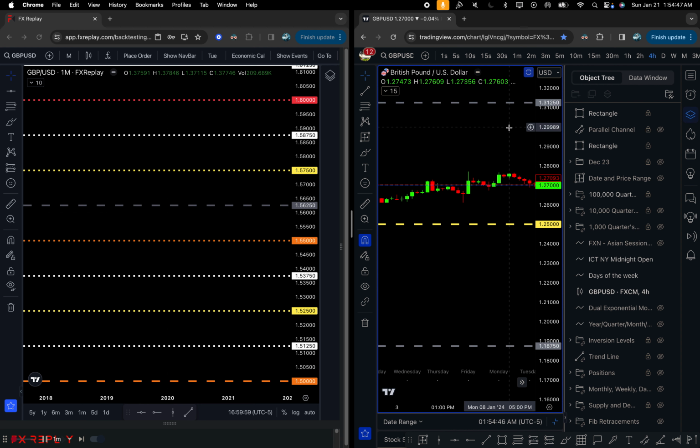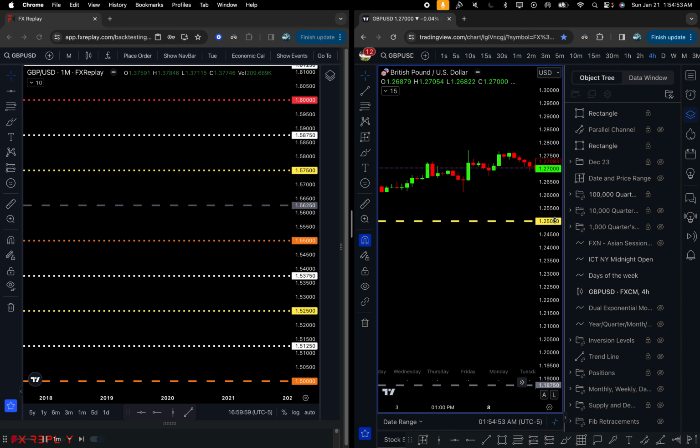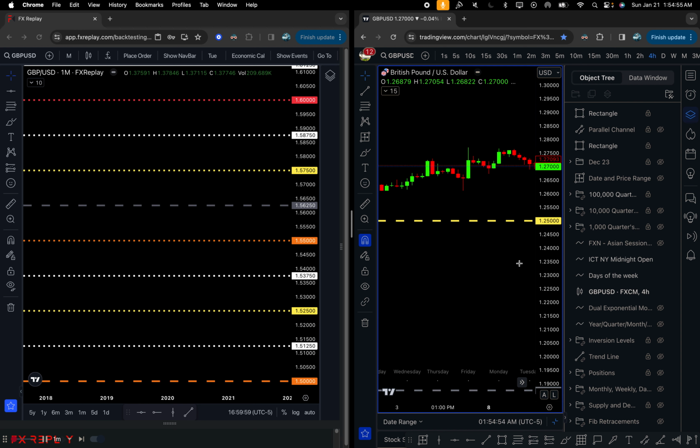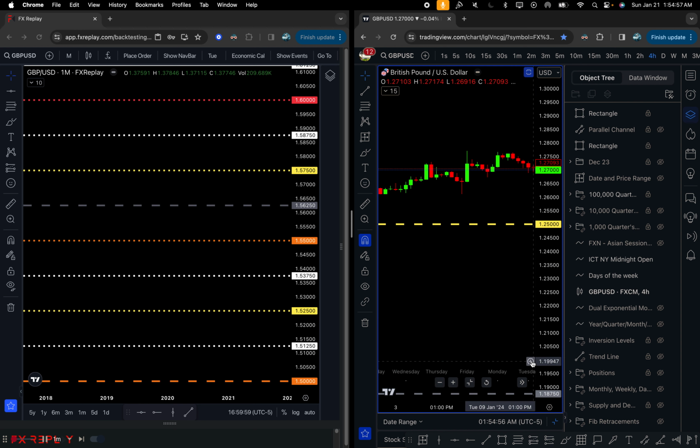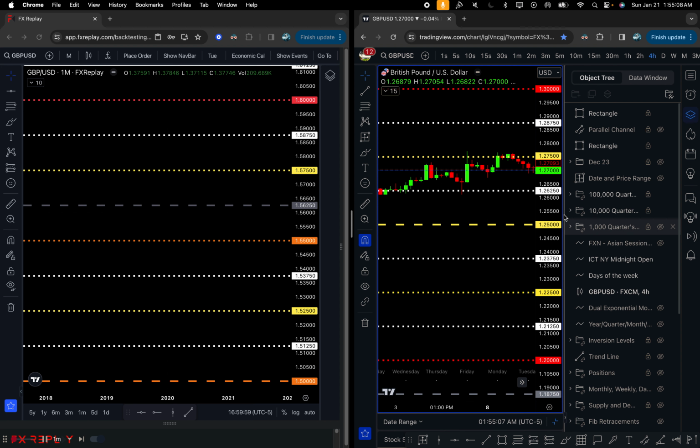We want to be looking between the 1.2 and the 1.3. Before we even draw the levels, let's get that ready. We know that we want to be looking between here and here, because that is the 10,000 level. So let me pop these on there. Okay, so you see how that makes sense now? Between here and here is 10,000 points.